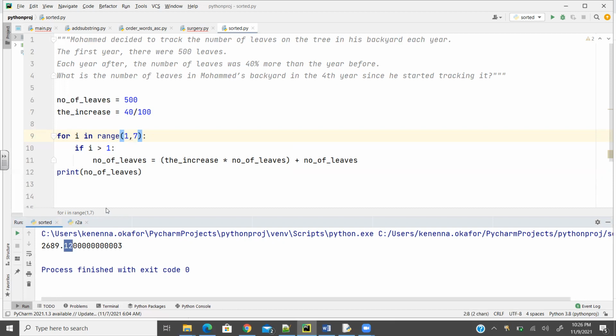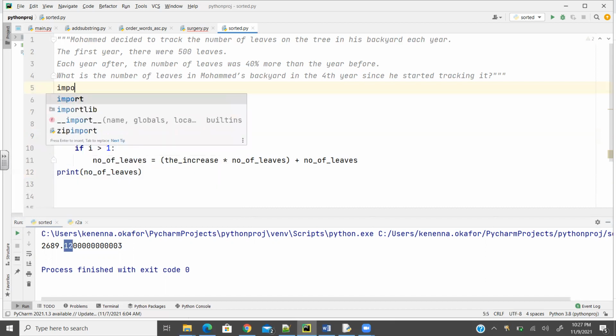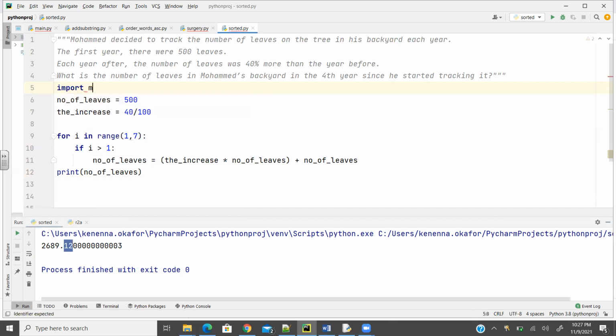So I'm going to round it down if I have this for the 7th year. So I'm just going to come here, number of leaves, and simply do something like, let me import math. Oh, okay, import math.